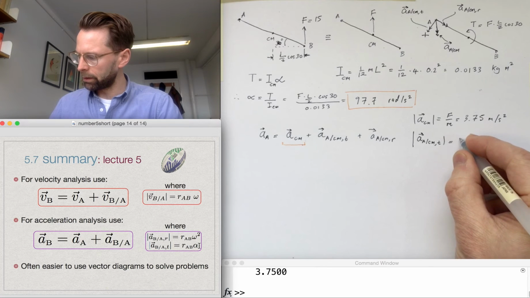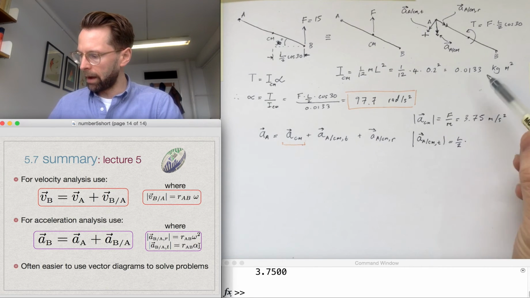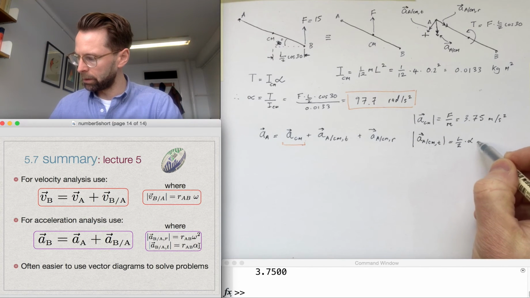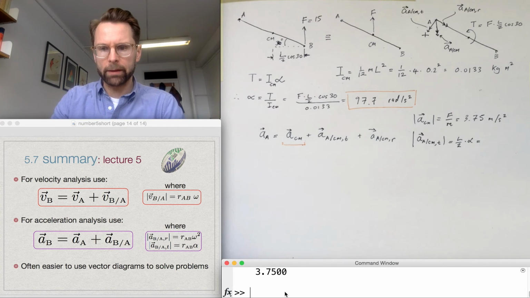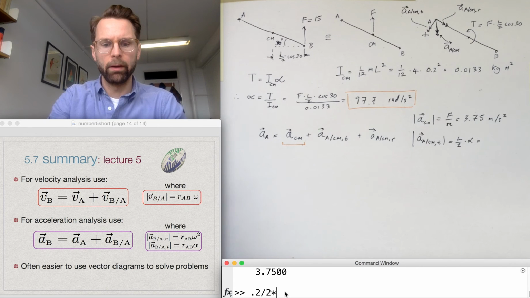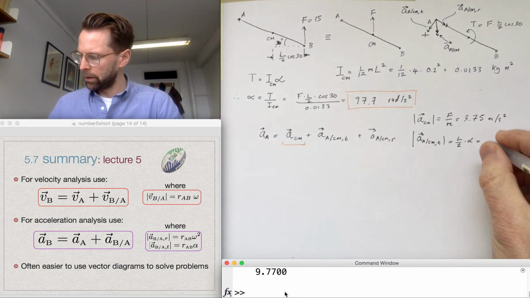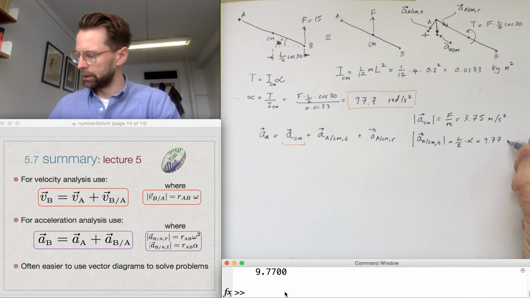So this is r alpha, so L over 2 is r. Our alpha, we worked out here, is 97.7. So let's do that. That's L over 2, so 0.2 divided by 2 times by 97.7 gives you 9.77 meters per second squared.